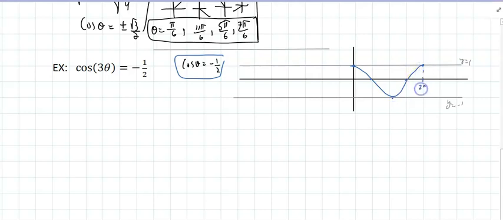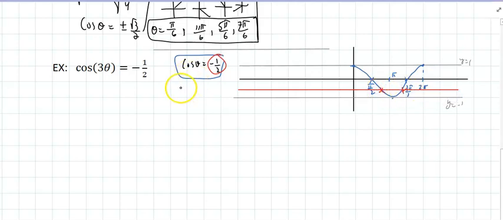That is 2 pi. This is pi over 2, and this is 3 pi over 2. And if I sketch a graph of negative 1/2, I'll notice, you know what, look, there it is.